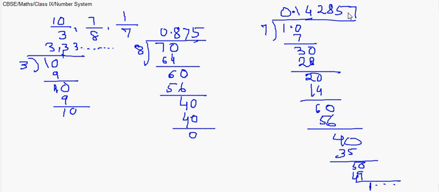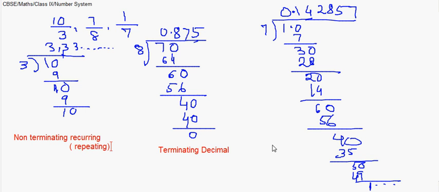So this one is called terminating decimal. This is called non-terminating recurring, or it is also termed as repeating.